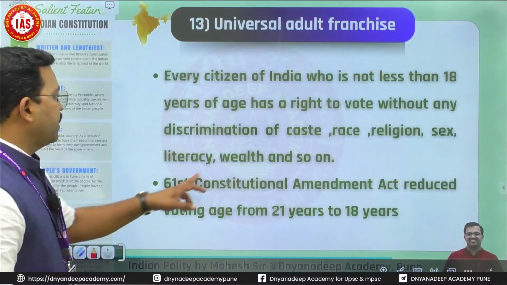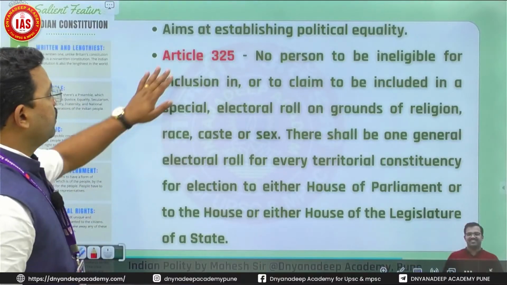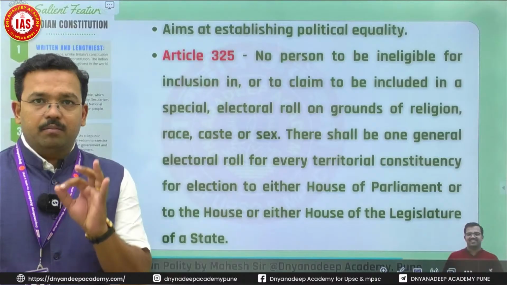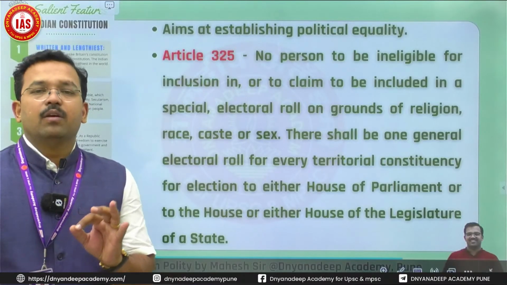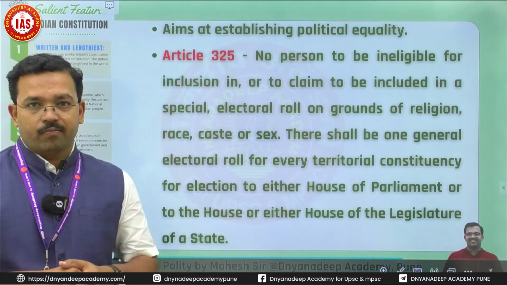And what is the significance of Article 325? Article 325 says that you should not discriminate amongst citizens for any reason while including a person in the electoral voters list.